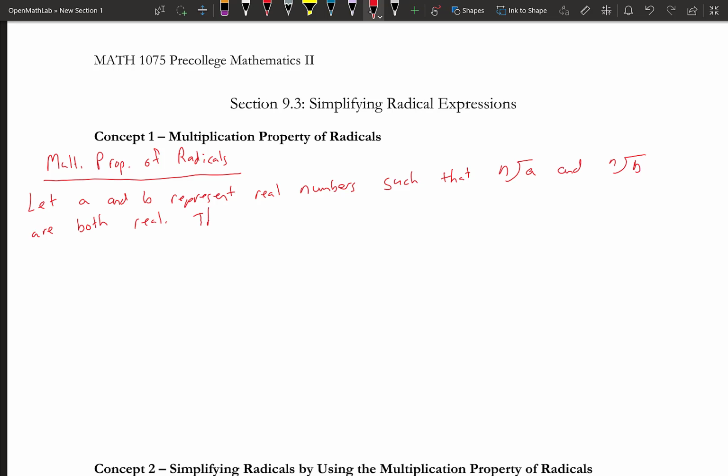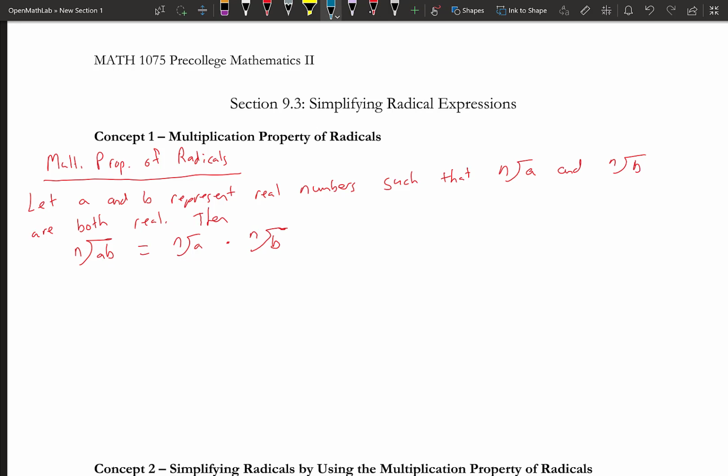Then the following is true. The nth root of A times B is equal to the nth root of A times the nth root of B. Notice if I have the nth root of a product, I can split that apart into two factors.